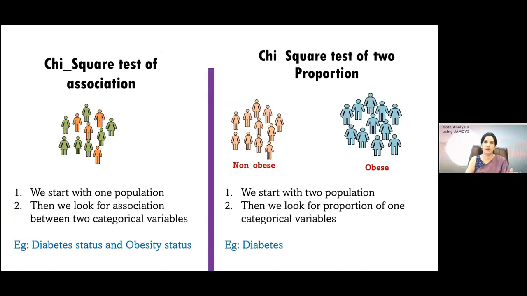In case of a chi-square test of association, we start with one population and then we look for the association between two categorical variables, like maybe diabetes and obesity. But in this case, in two proportion, you start with two different populations. So you have obese and non-obese, and then you look for the proportion of a binomial proportion of a categorical variable, like maybe the presence of diabetes and absence of diabetes.